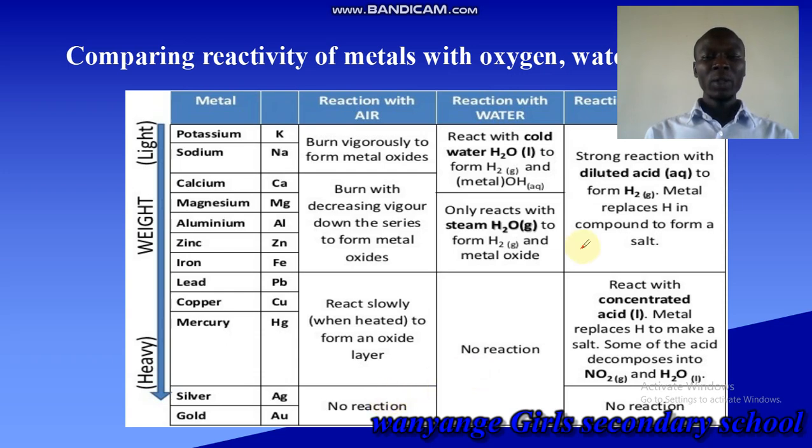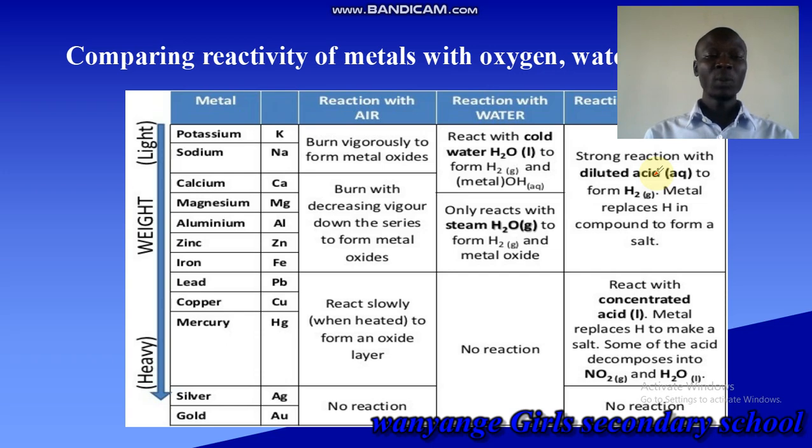Okay. Then we go to reaction with acids. We have one, those that will react with strong acids. Okay? Those that will react with actually dilute acids, not strong acids. Then those that will react with concentrated acids. And lastly, those that will not react with any acid. Okay? So those that will react with dilute acids, meaning that they easily react, they are very reactive.